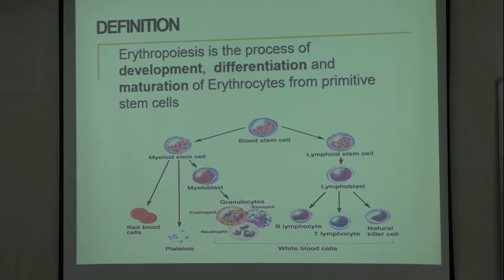So this process of making erythrocytes from the primitive ancestors, the mother cells, how they are derived, is erythropoiesis.